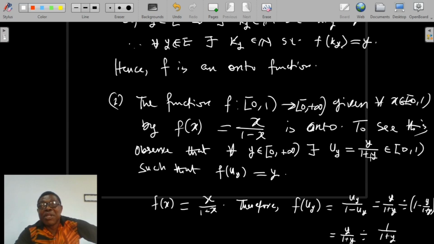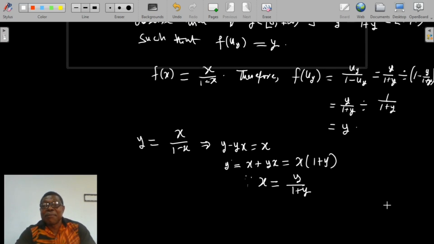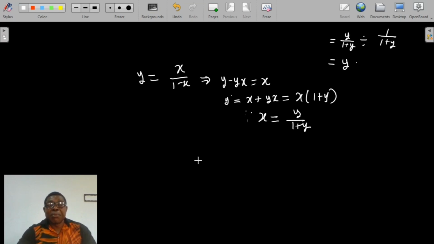For example, if we take y to be in the interval between minus 1 and 1, say y equals minus half, you will see that this will give us minus half over 1 minus half, and that will give us minus half over half, which is minus 1, and minus 1 is not here. So we have to be very, very careful when we're handling all these things.